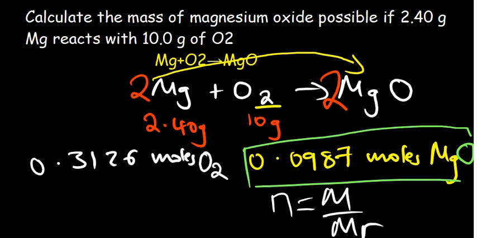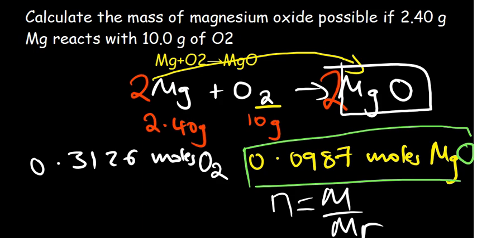So how do you find the molar mass? Of course, I said ignore the stoichiometric coefficient. So our magnesium is 24.31, and then plus oxygen, which is 15.994, right? So our answer for the molar mass is approximately 40.3.